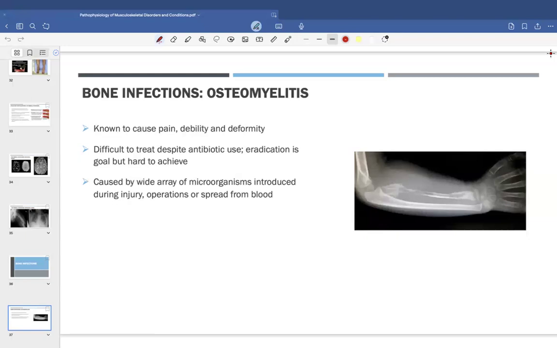It's a terrible place to be, and it can last 6 months to a year until they can make sure that the infection has been cleared before they'll even attempt to put another prosthesis in.